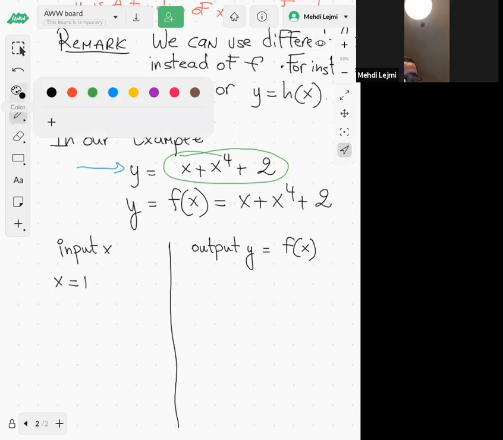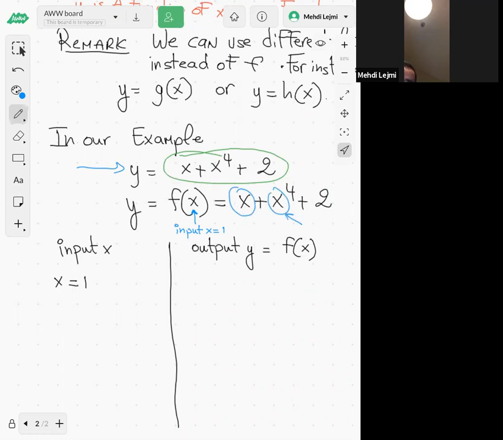Well, all you have to do is replace x by 1, right? So you have to replace x here and here by 1. So then the output y is going to be equal to f of 1. And what will be f of 1?